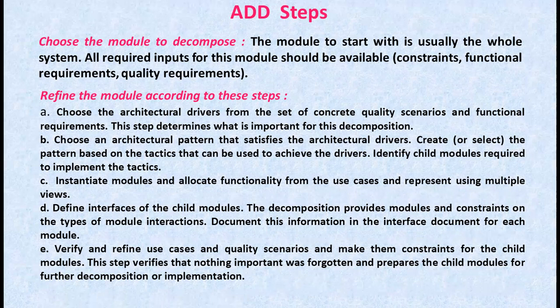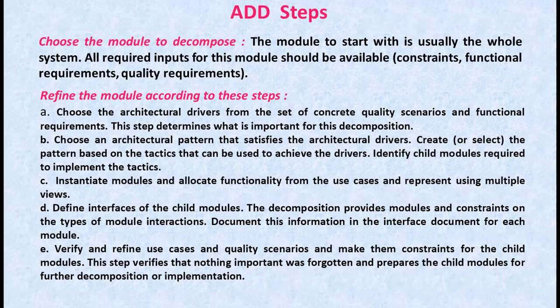We need to create the pattern based on the tactics that can be used to achieve the drivers, and we need to identify child modules which are required to implement these tactics. After that, instantiated modules are allocated functionality from the use cases and represented using multiple views. Then we need to define the interface of the child modules.